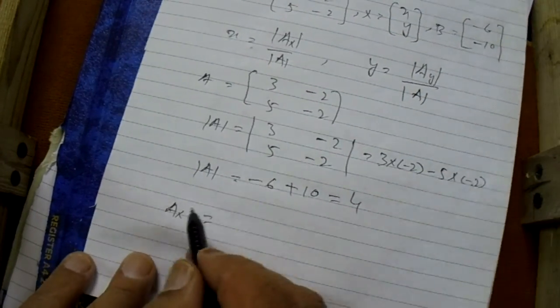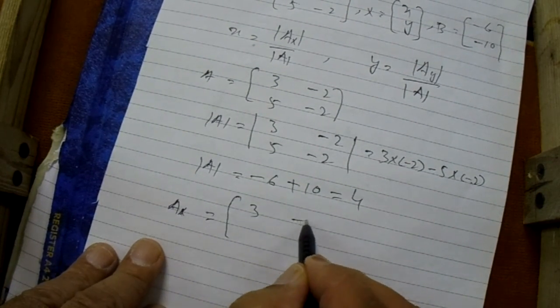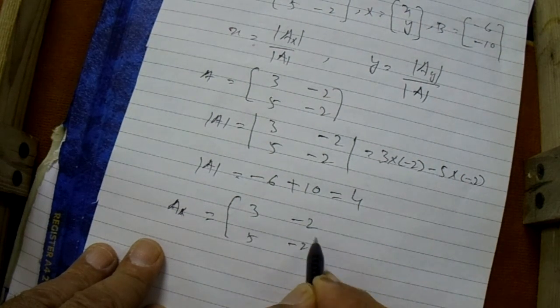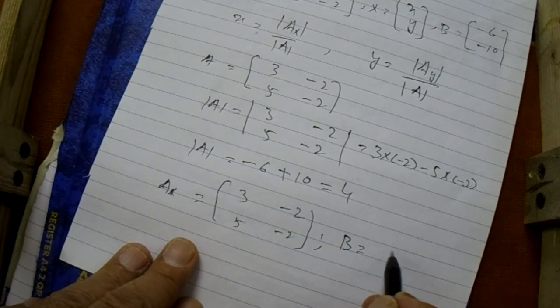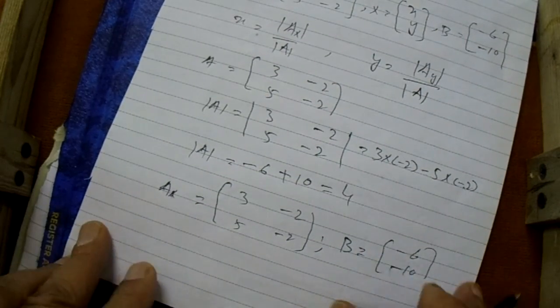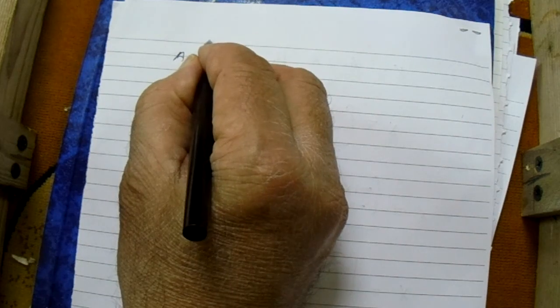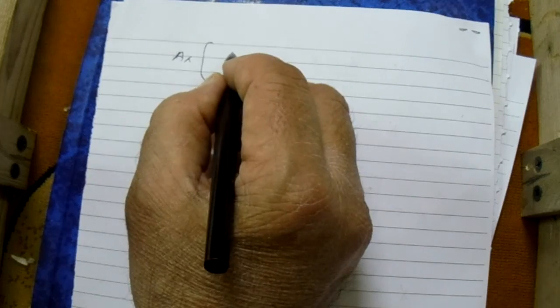We write first matrix A is equal to [3, -2; 5, -2], and B is equal to [-6; -10]. To find det Ax, we replace the first column by the B column.